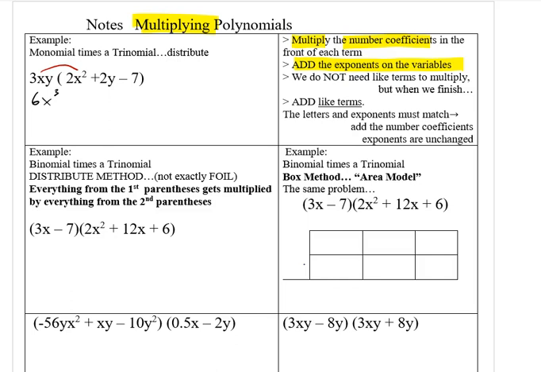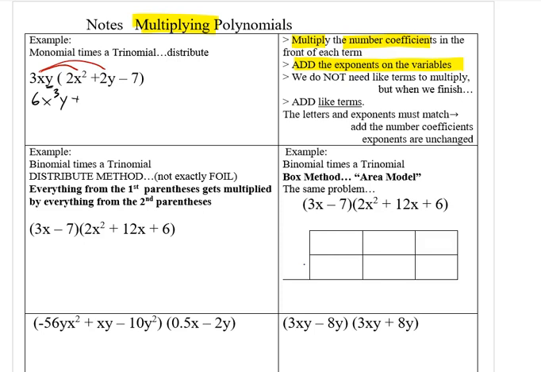And then it says, we do not need like terms to multiply, but when we finish, we're going to add like terms. So it gets to that part after. Notice that there's still a y here. This will just become a y. So the next one, now I'm going to take this and multiply it to this one.